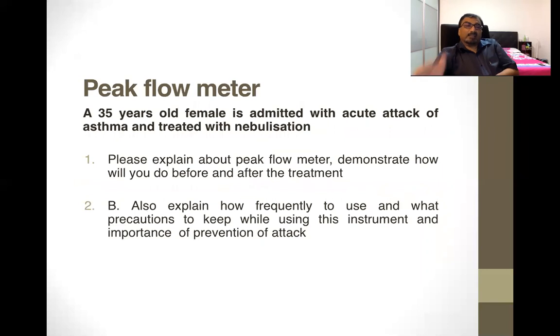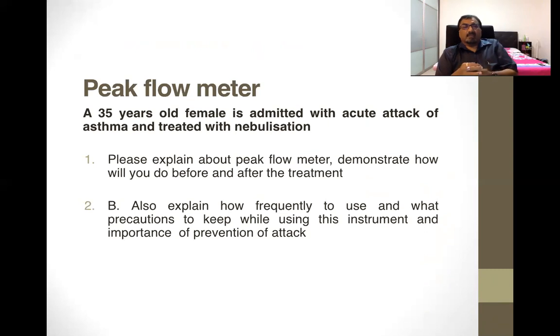And there's another one in which a peak flow meter is being used. So a patient is coming to you with an acute attack of asthma and treated with nebulization. So please explain about the peak flow meter and demonstrate how you will do it before and after the treatment. So you should know about the instrument and the red mark, the yellow mark and the green mark. So green mark is a better one.